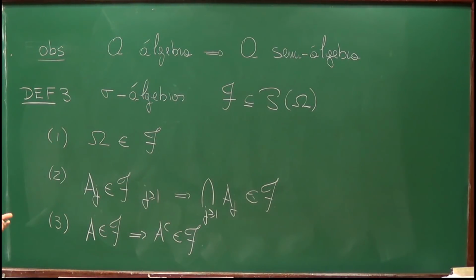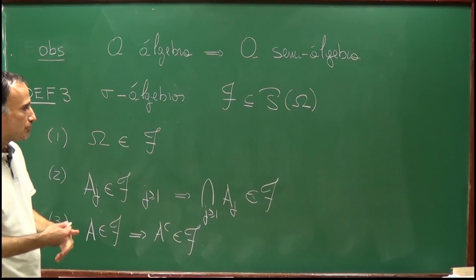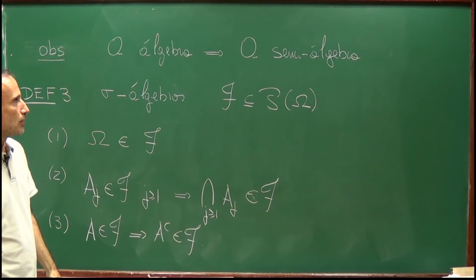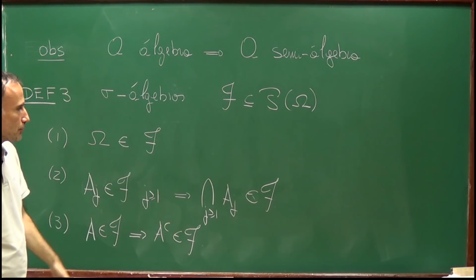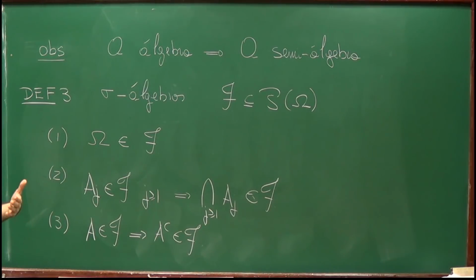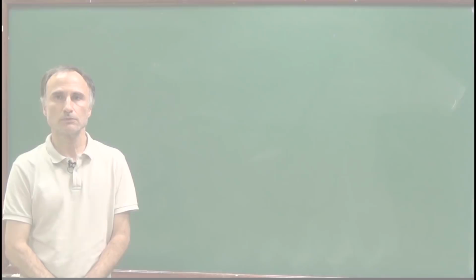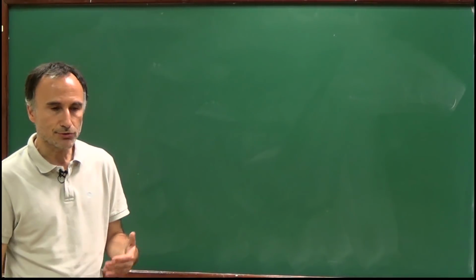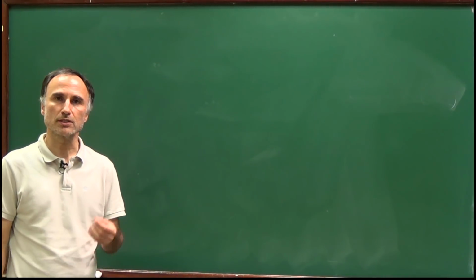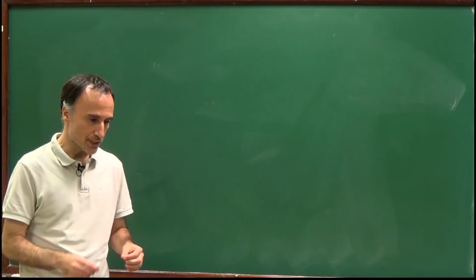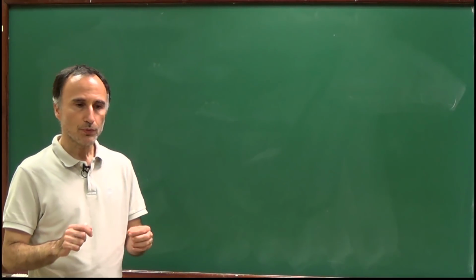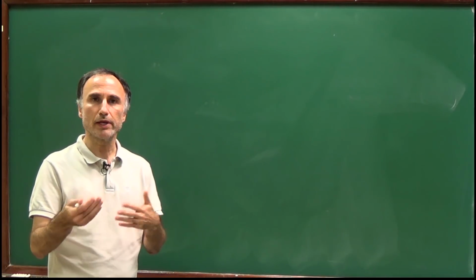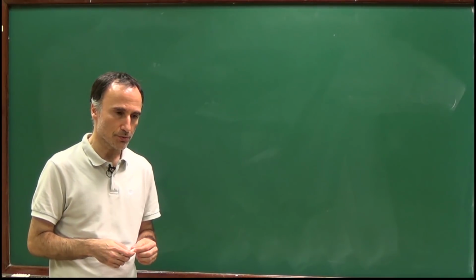So we have here an increasing set of more and more restrictive conditions. So semi-algebra is weaker than algebra, which is weaker than sigma-algebra. Now that we have introduced these notions of semi-algebra, algebra, and sigma-algebra, we will investigate the relation between these concepts.